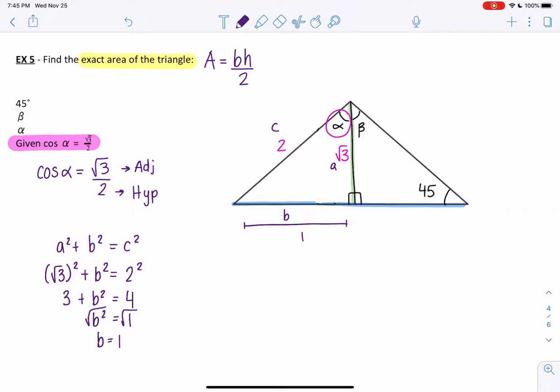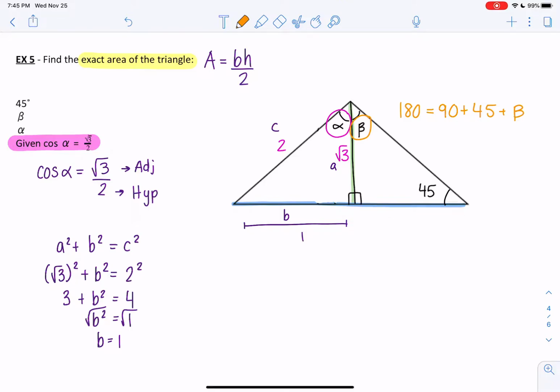Now, for my second part of the triangle, in order to determine that second part of the base, we need to use that beta, 45, and root 3 in order to determine the full base. So, if 45 is that angle, I can determine this angle here. So we have 180 equals 90 plus 45 plus beta.